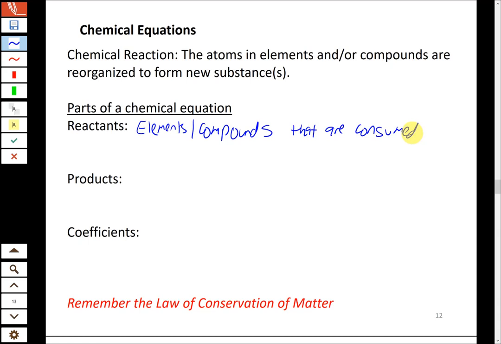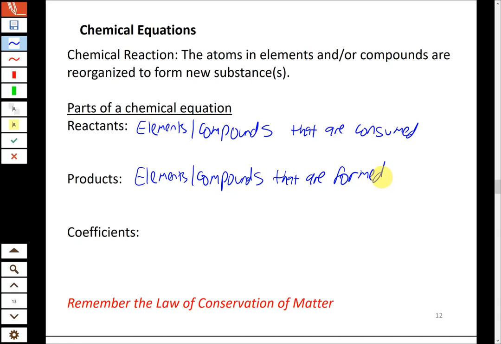All right, and then the products are the elements and or compounds that are formed. Now, it should be obvious from what we talked about at the beginning of the course that at least one of your reactants and or one of your products must be a compound.